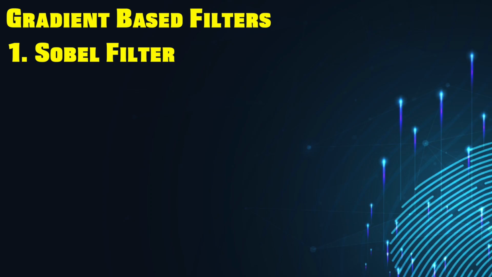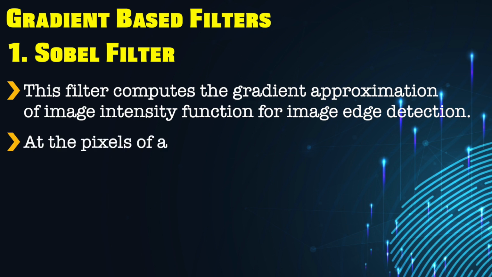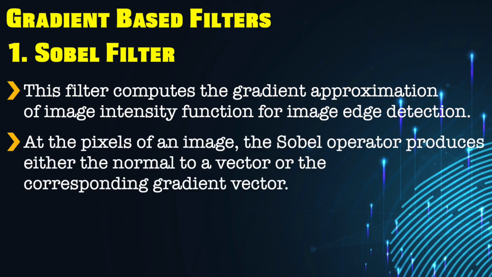The Sobel filter computes the gradient approximation of the image intensity function for image edge detection. At a pixel of an image, the Sobel operator produces either a normal to a vector or the corresponding gradient vector. The Sobel filter is actually a set of filters or a set of coefficients that calculates the gradient.